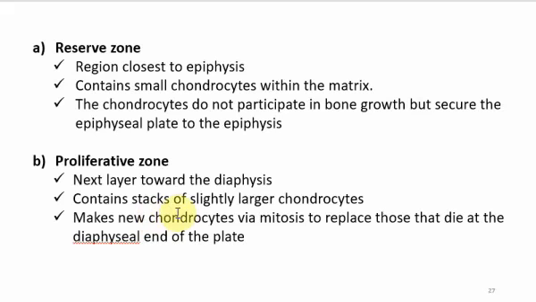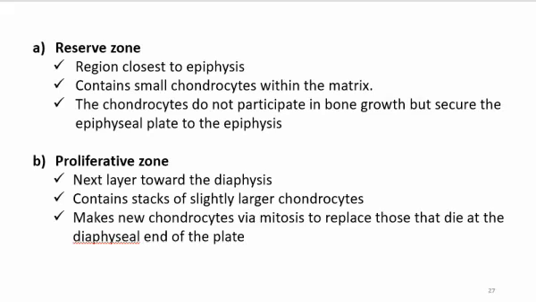In this proliferation zone, new chondrocytes are formed via mitosis. You must be familiar with the process of mitosis and meiosis. So new chondrocytes form via mitosis, basically to replace those bone cells which die on the side of the diaphyseal end of the plate.